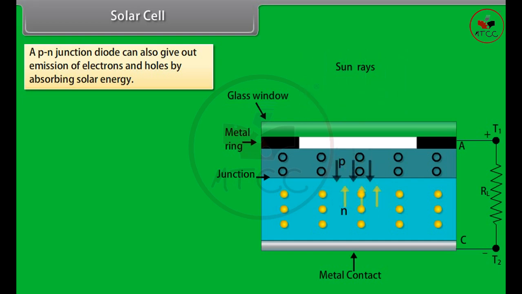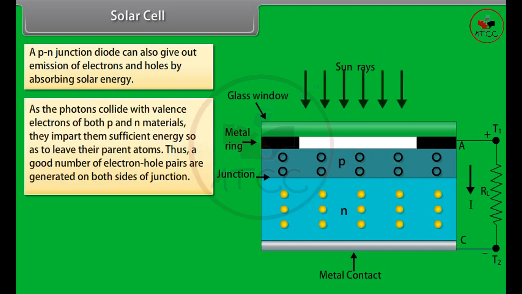The p material at the top is very thin compared to the thickness of the n material. Thus, solar energy photons entering from the top glass window easily penetrate up to both sides of the junction. As the photons collide with valence electrons of both p and n materials, they impart sufficient energy to leave their parent atoms.